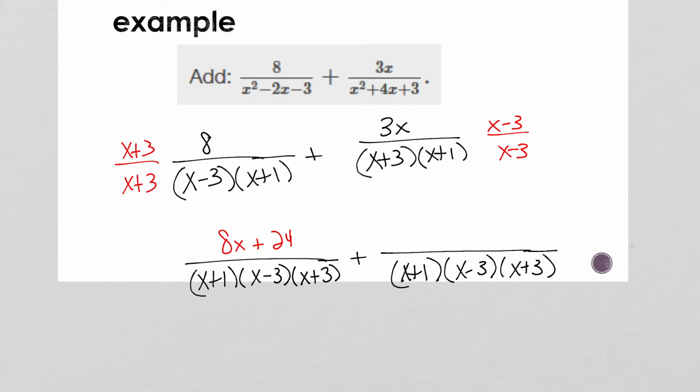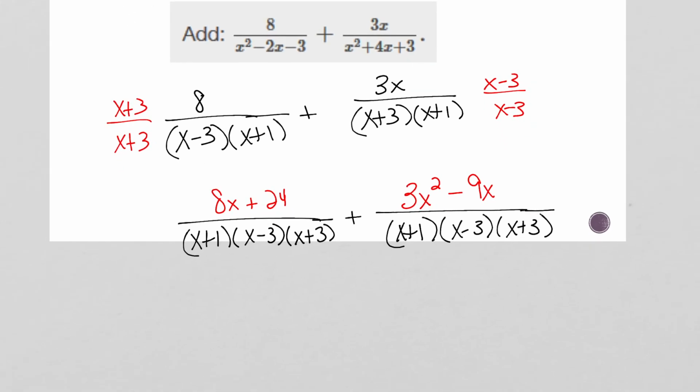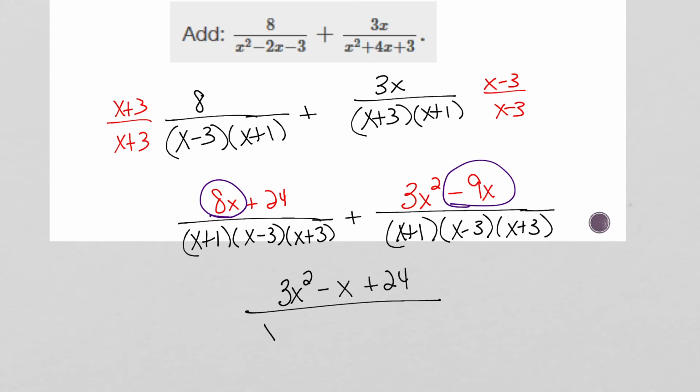On the right, I get 3x squared minus 9x. So now that I have a common denominator, I can combine my like terms, and my like terms are right here and here. So I'm going to write this in standard form. So I get 3x squared minus x plus 24 over x plus 1, x minus 3, x plus 3.